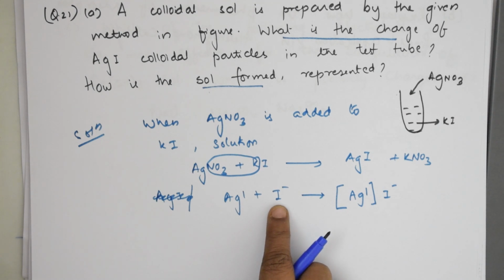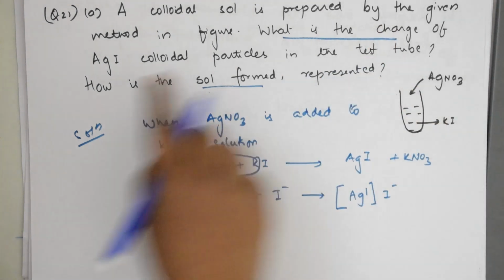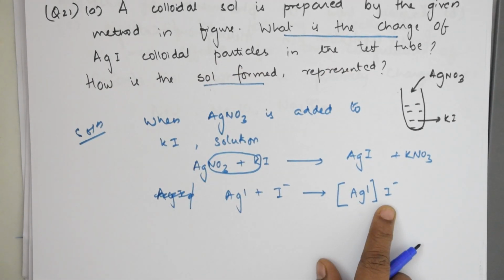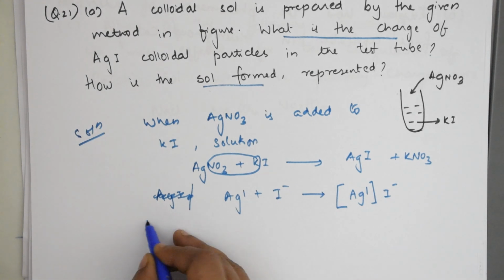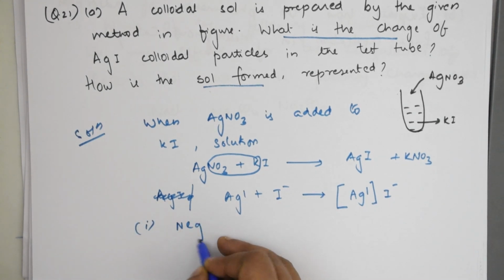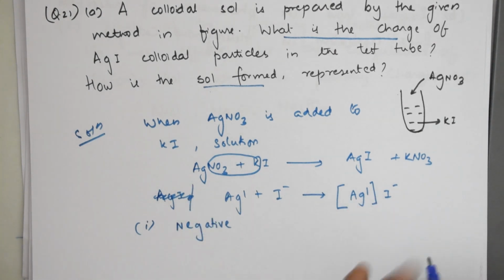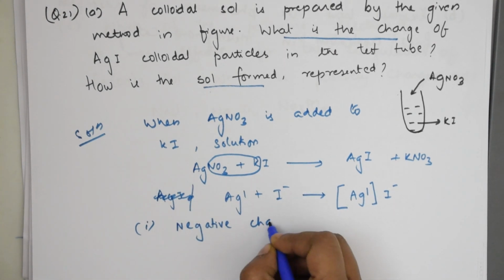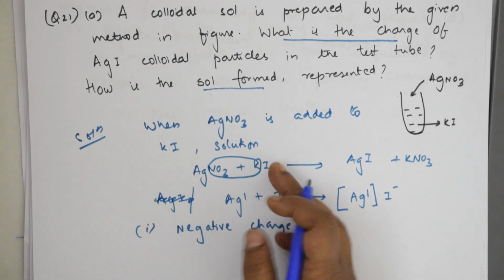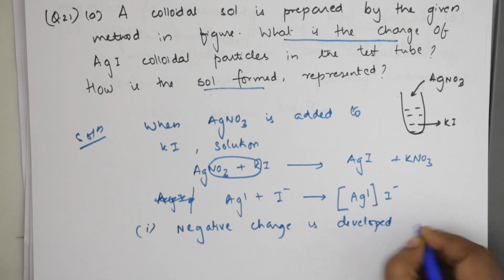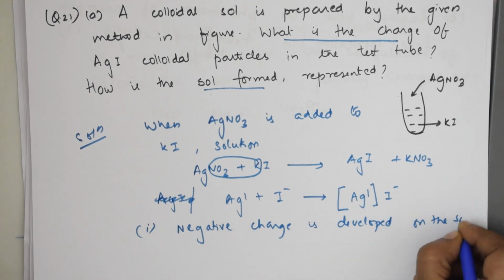They asked, what is the overall charge of the AgI colloidal particle in the test tube? It is a negative charge, because we are taking KI in excess. Negative charge is developed on the sol.